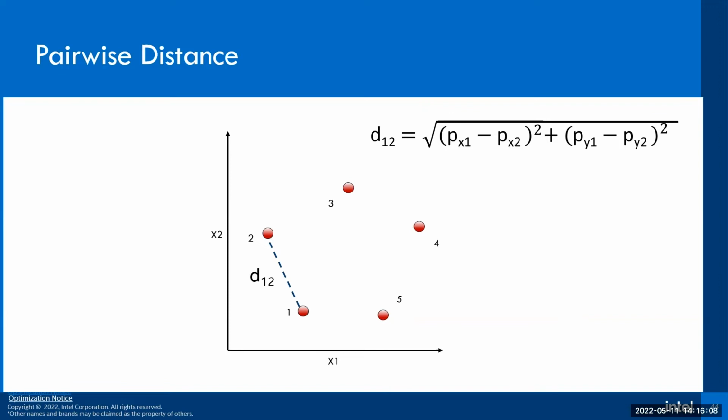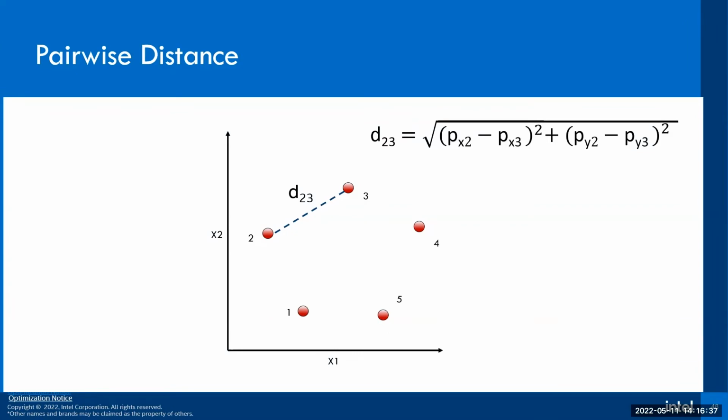This is the distance, and we'll include it in the distance matrix. Similarly, we calculate the distance between point 1 and point 3 using the same formula, the same with D14 and D15. Then you start with the second point and iterate through all the points in the iteration space, and you calculate the distance matrix.